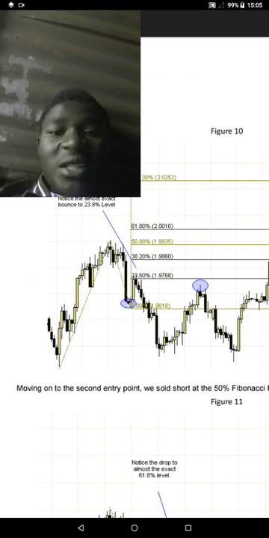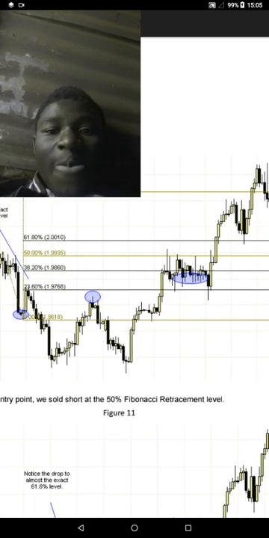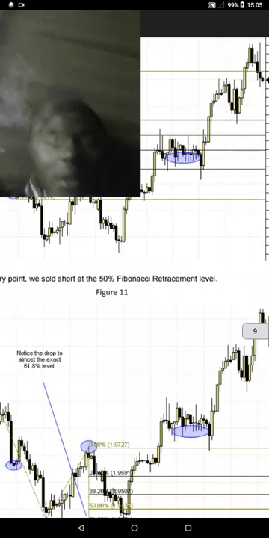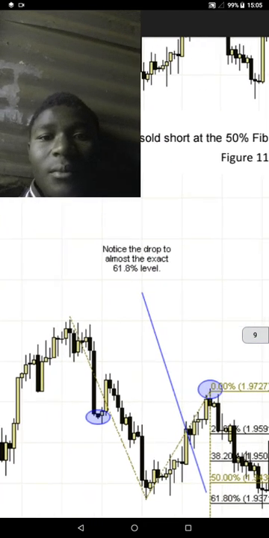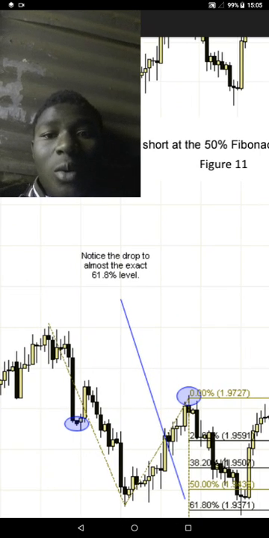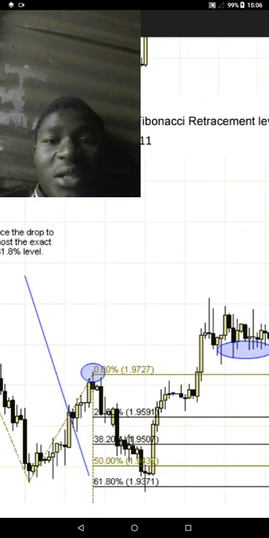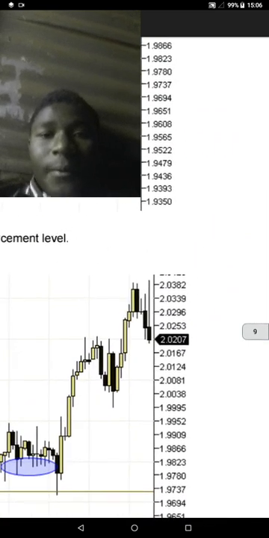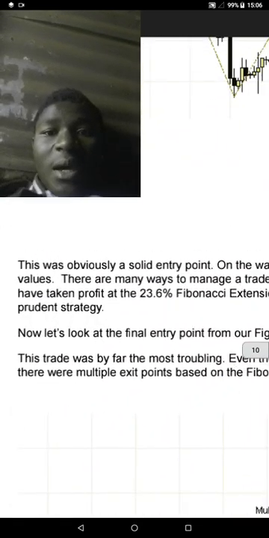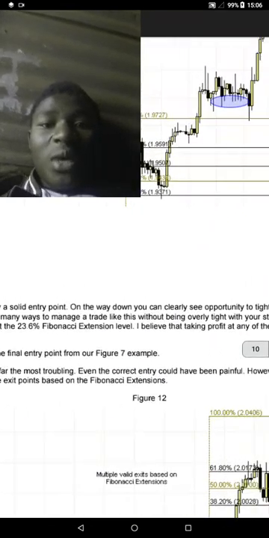Moving on to the second entry point, we would short at the 50% Fibonacci retracement level. Notice the drop to almost exactly the 61.8% level. This was obviously a solid entry point on the way down.